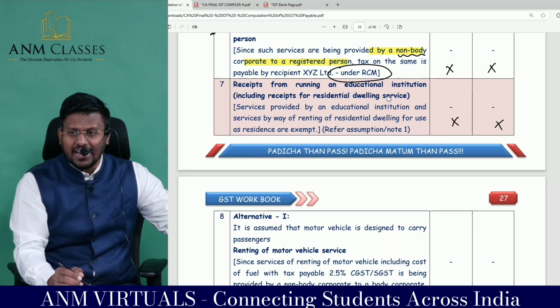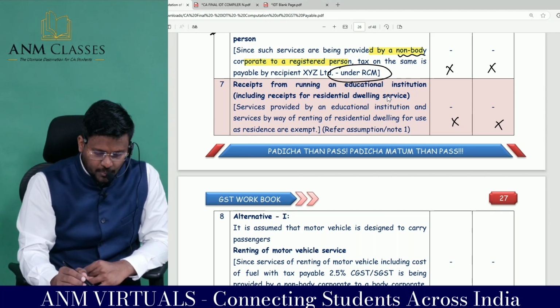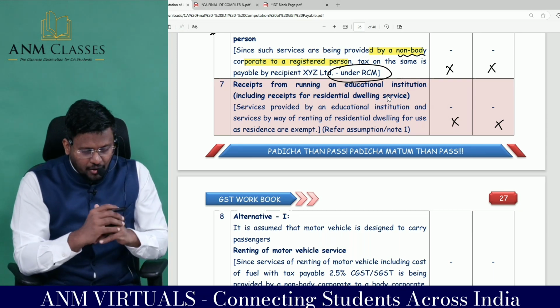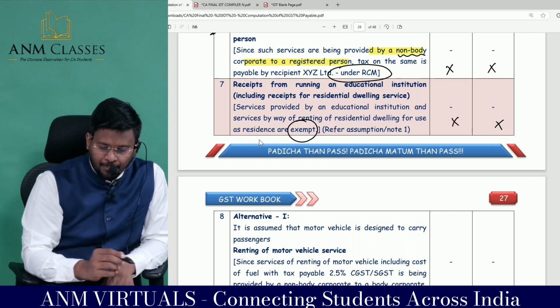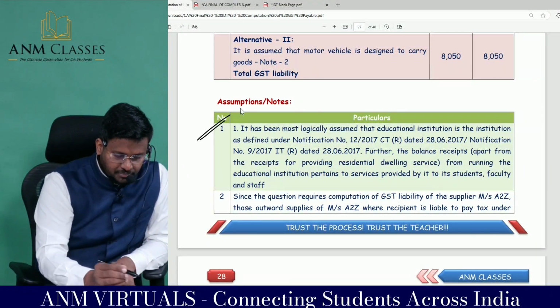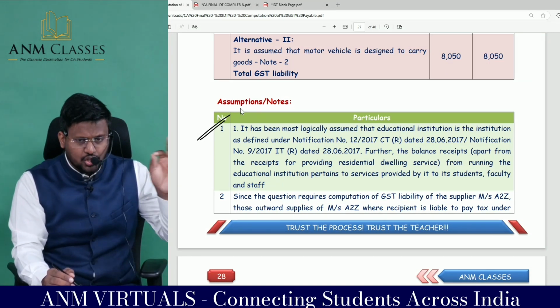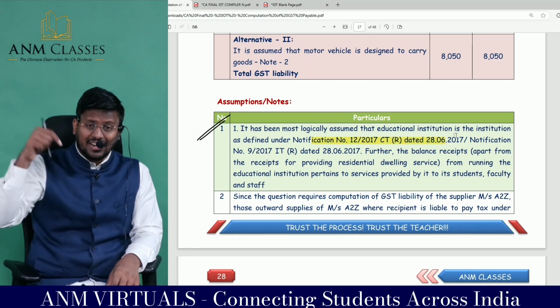Receipts from running an educational institution, including receipts of residential dwelling service provided by an educational institution, and service by way of renting of residential dwelling for use as residence are exempt. Sir, we are having assumption number 1. It is most logically assumed that the educational institution is the institution as defined in the notification number something. That means they are falling under the definition.